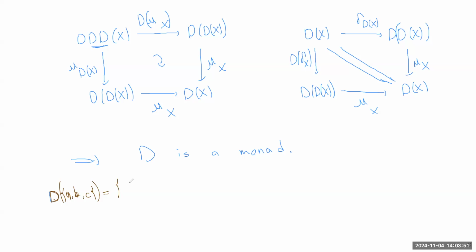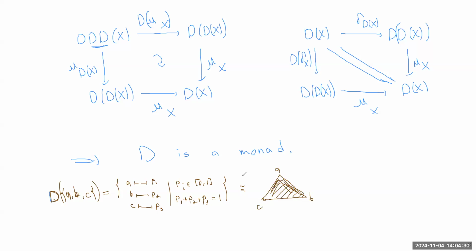But that means that I have to give a number for A, a number for B, a number for C, where all these numbers are between 0 and 1, and the sum of them is 1. In geometry, it means this triangle, only this triangle, right? A, B, C.